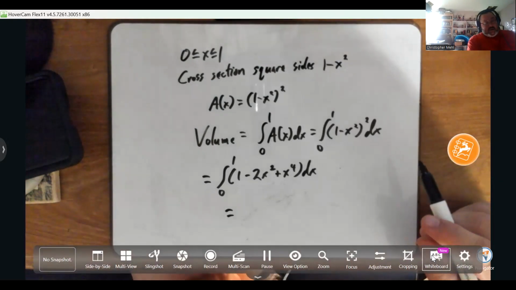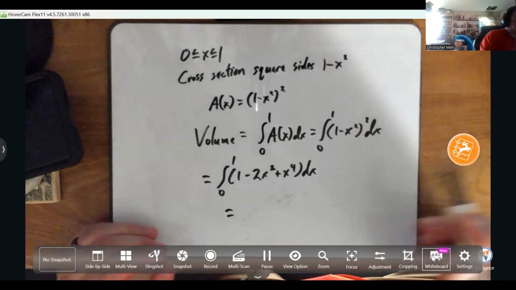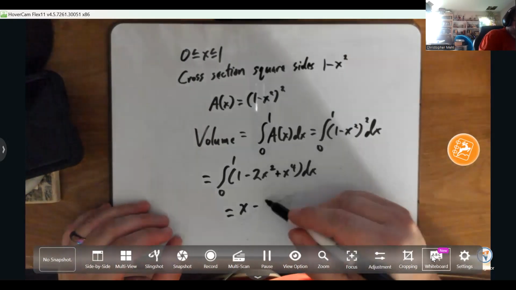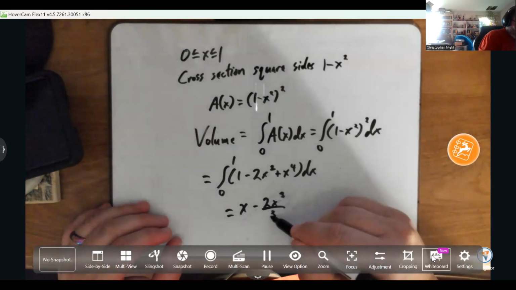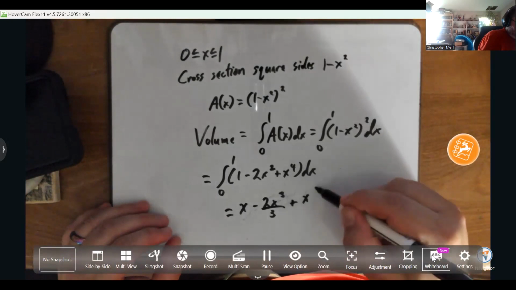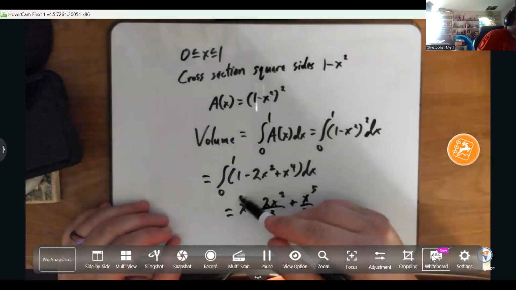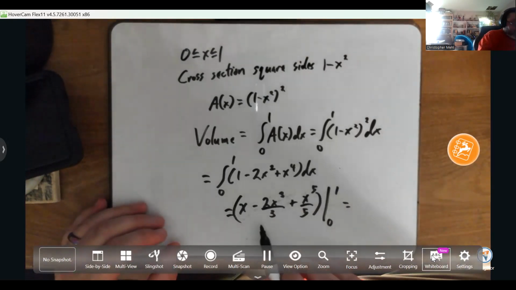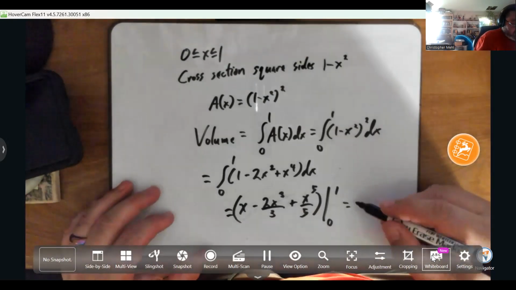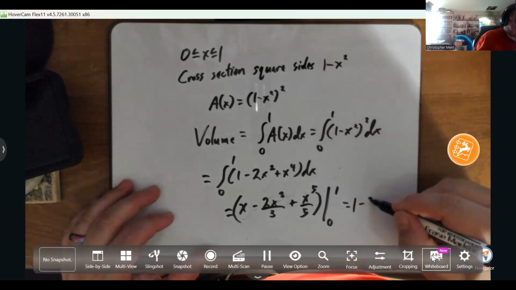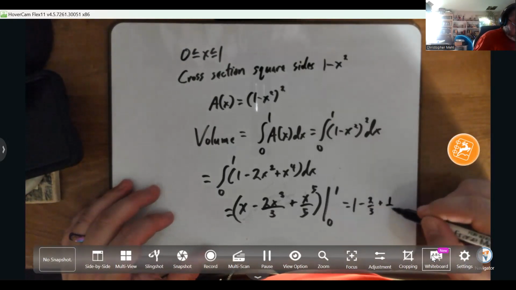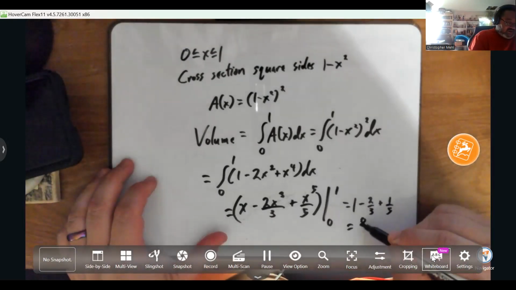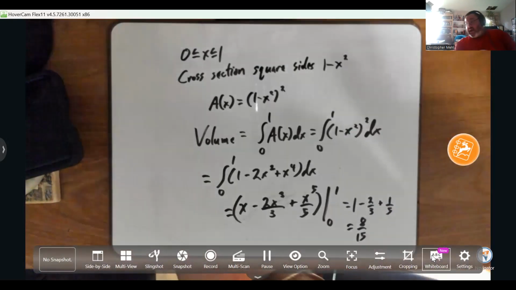Okay, and then, to refresh your memory on integrals, you do the antiderivative, and so that's going to be x minus 2x cubed over 3 plus x to the fifth over 5, and then this thing is evaluated between 0 and 1, and so you're going to get 1 minus 2/3 plus 1/5, and that works out to be 8/15 if we find our common denominator.